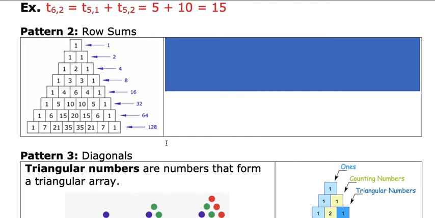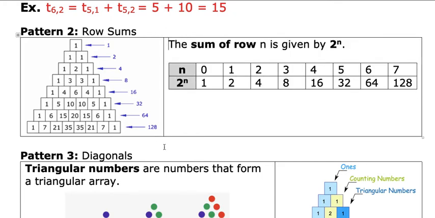So it looks like the terms are doubling from one line to the next. So therefore, we could express this as 2 to the power n. And that next term would be 256. So n is the row, and 2 to the n gives you the sum of the entries in each of these rows. So that being said, that's one pattern.